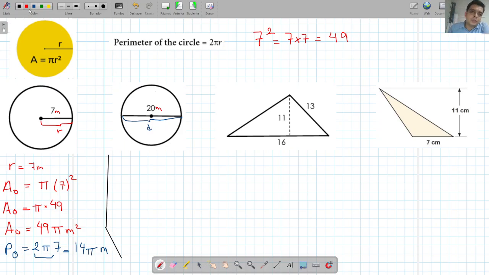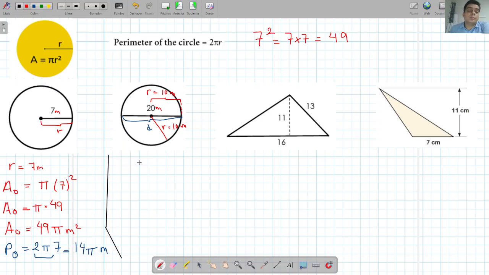The radius is only from the center of the circle to one of the extremes. This is going to be 10 meters, as the radius is half of 20. As you can see here, the radius is always going to be the same for the circle. It doesn't matter in what direction I go, it's always going to be 10, by the way.